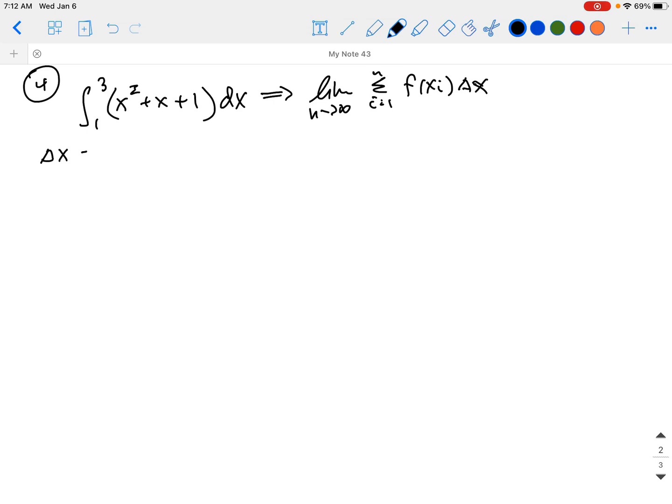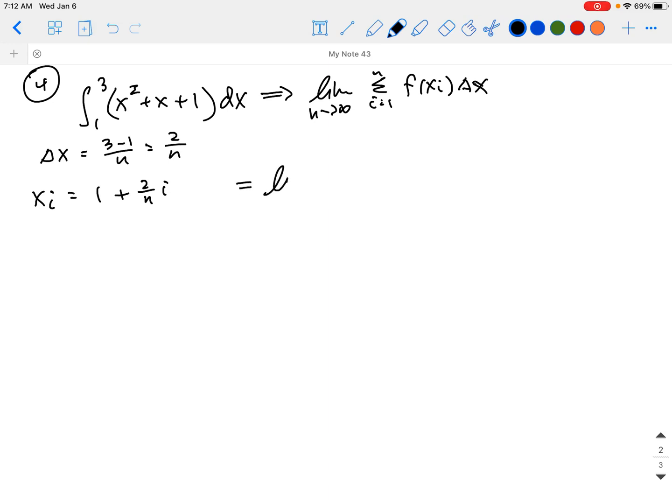Note delta x is going to be 3 minus 1 over n, since we have n subintervals, so it's going to be 2 over n. x sub i is just our left endpoint, 1, plus our delta x times i for the ith subinterval location. And then we're really done here. We just need to plug x sub i in wherever we see an x.